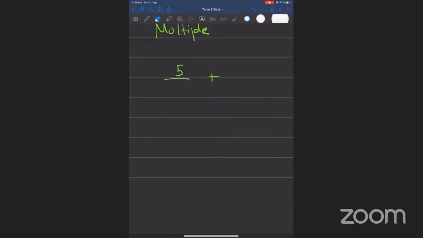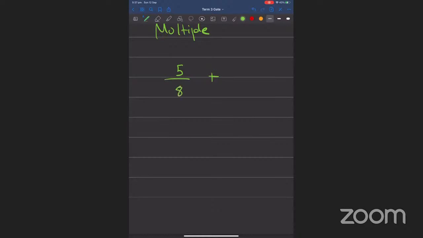Okay, let's see. 5 over 24 plus, well, actually, I don't want to make it too hard for you. We don't want to waste too much time. Okay, 5 over 6 plus, I want to make it hard, but not too hard.